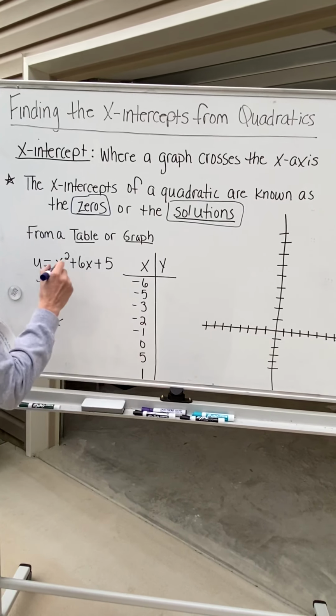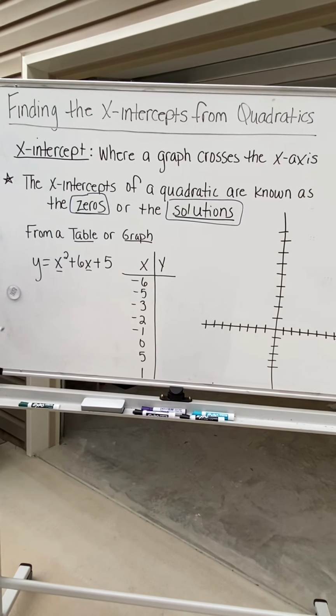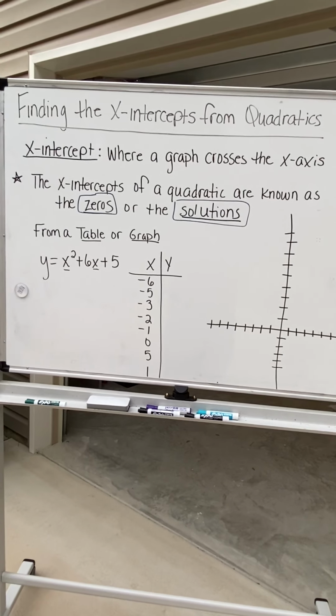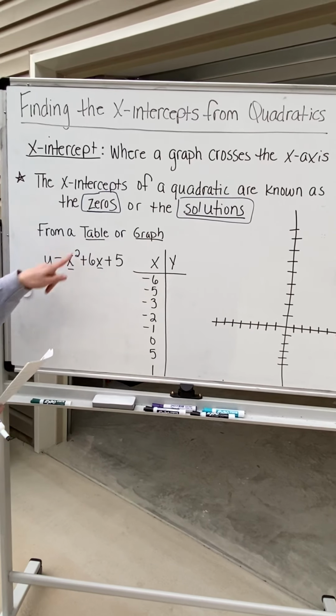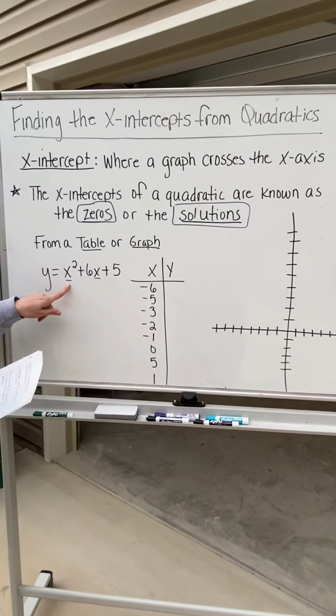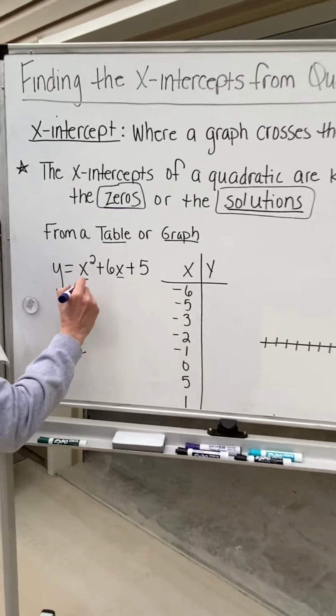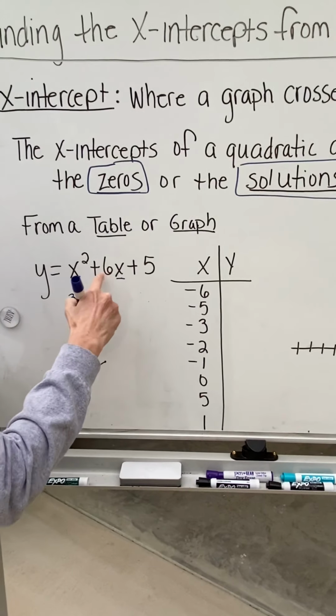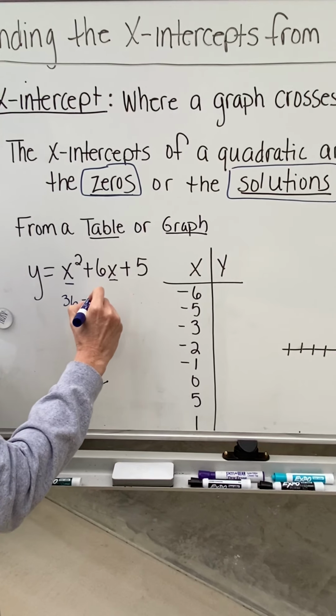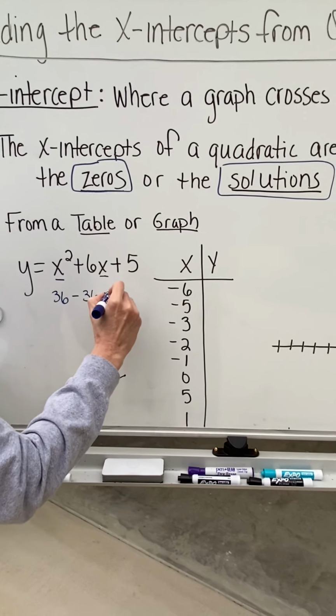Okay, so from this one, if you were to fill in this function table, you would plug each one of these values in for x, both places that you see the x, work out the equation, and then report your corresponding y value. So when you put a -6 right there, that becomes a positive 36, just to kind of review, because that would be -6 times -6. Then you would subtract 36, and then you would add 5.